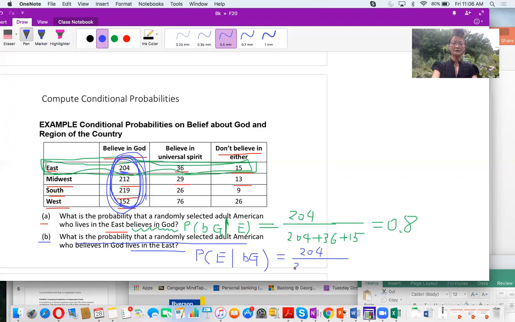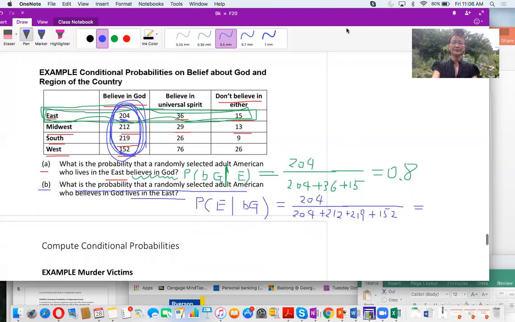So 204 plus 212 plus 219 plus 152. We are going to figure out what this number is.